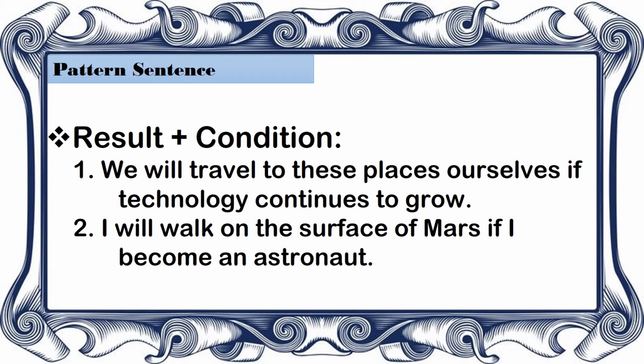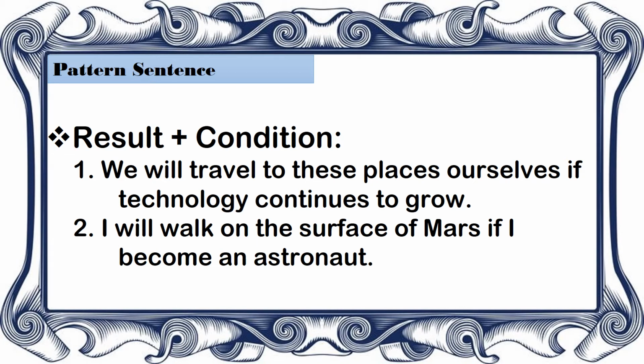Now, we have here a pattern sentence. There are only two ways to write a future real conditional. That is result plus condition, which we will tackle in this slide. Result plus condition means the future tense is stated first in the sentence.